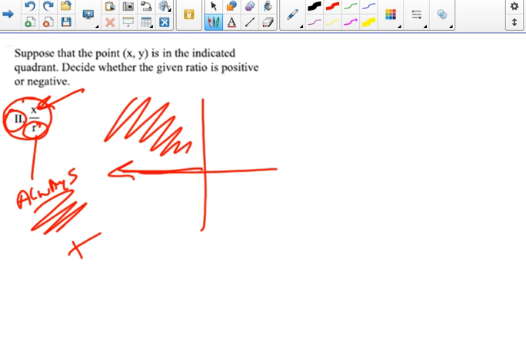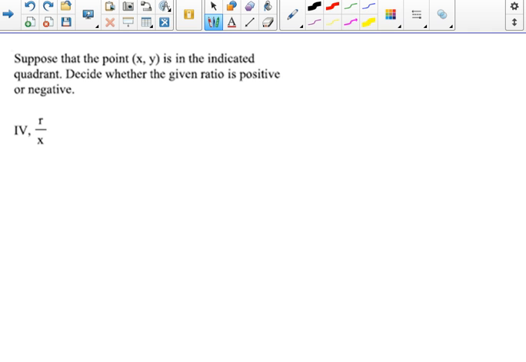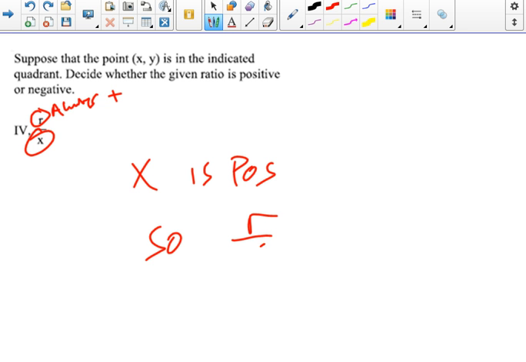Over here, x is negative. X would be negative in the second or third quadrant. So it is going to be negative. In the fourth quadrant, once again, r is always positive. So it's up to the x, and in the fourth quadrant, x is positive. So r over x is positive.